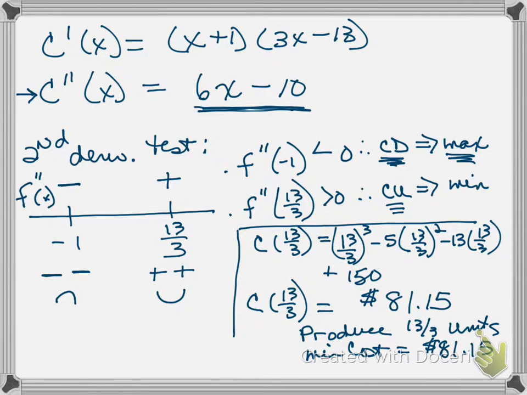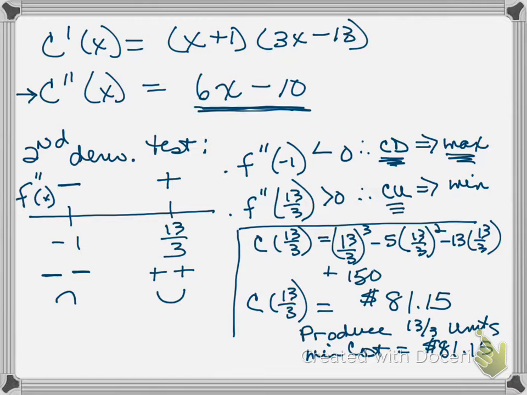So in reality, I'd probably be producing 4 units to minimize my cost, since I can't really produce 4.3 units. So if I do a reality statement, let me just see what I get for my cost. Your value of X is 4. So that would be a minimum cost of $82.